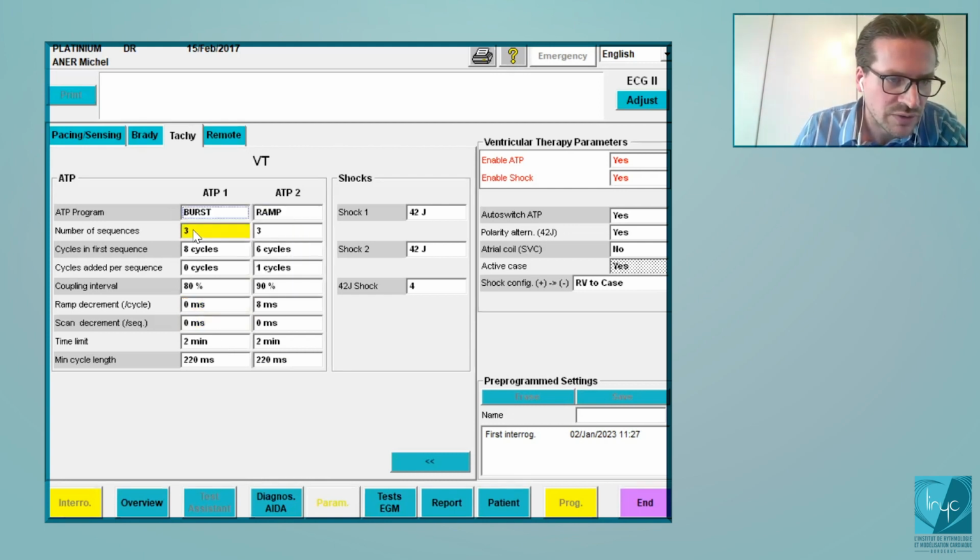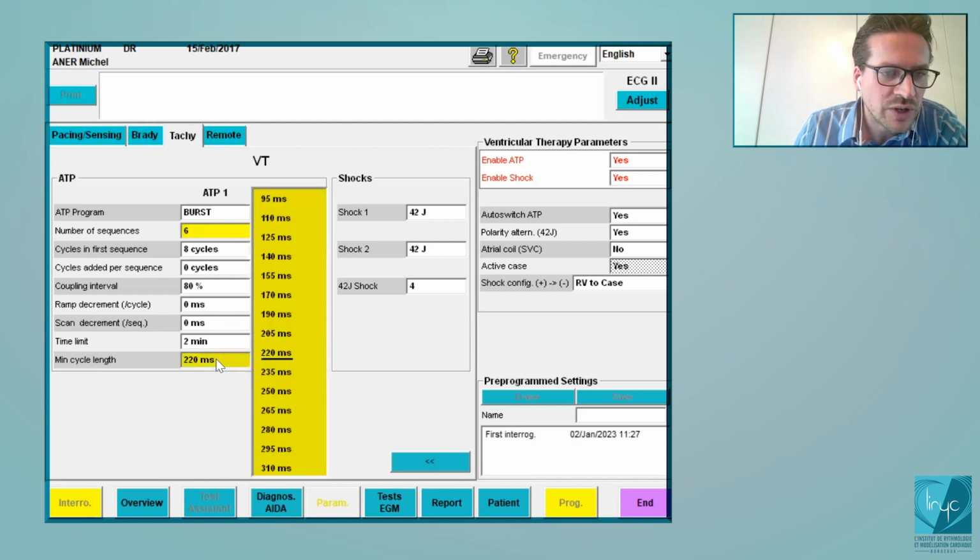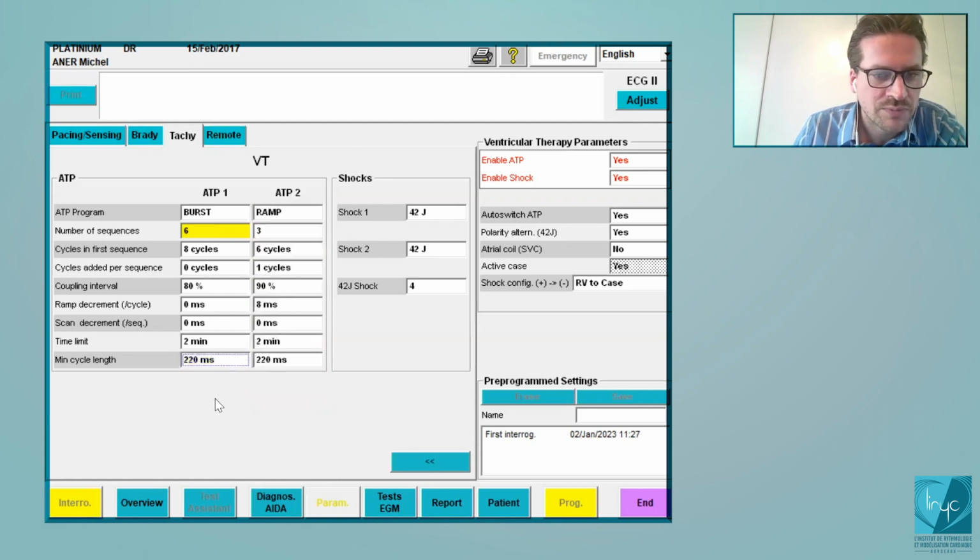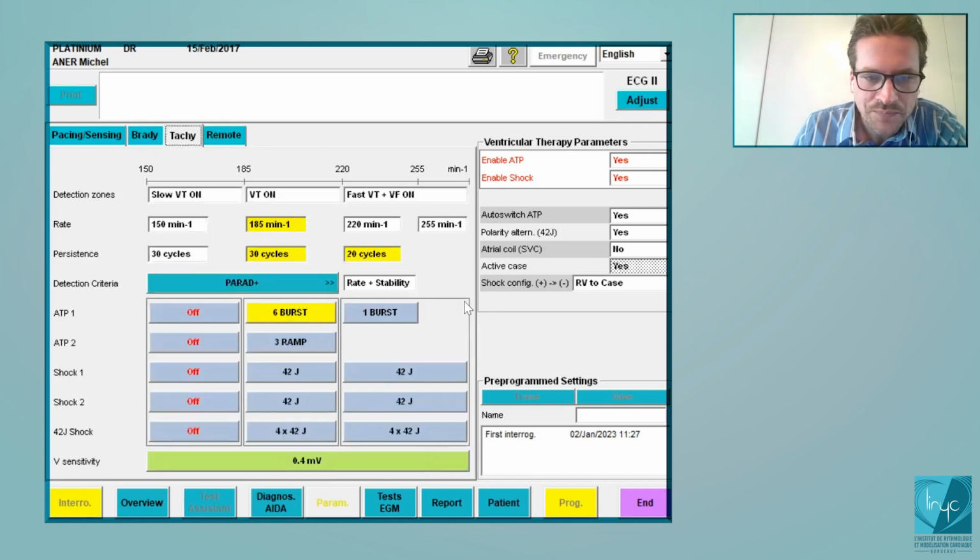I prefer to have 6 bursts with, of course, 8 cycles, 80% or a bit slower, without decrements within the ATP or between the ATPs. And look here, you can really program it extremely aggressive, but we know from our experience that you should not deliver ATPs which are faster than 200 milliseconds. So this is a bit more about programming.